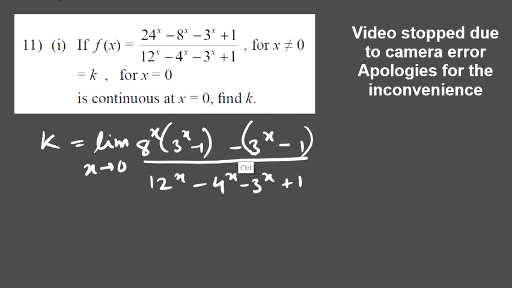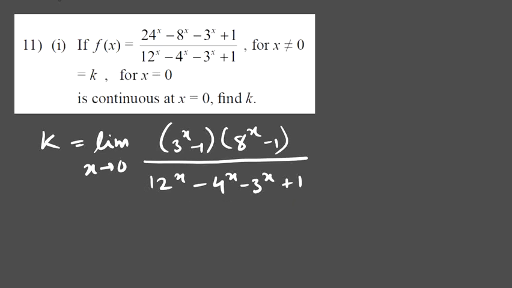So that will give you 3 power x minus 1 into 8 power x minus 1. Similarly, if you factorize the denominator, that is going to give you 3 power x minus 1 into 4 power x minus 1.